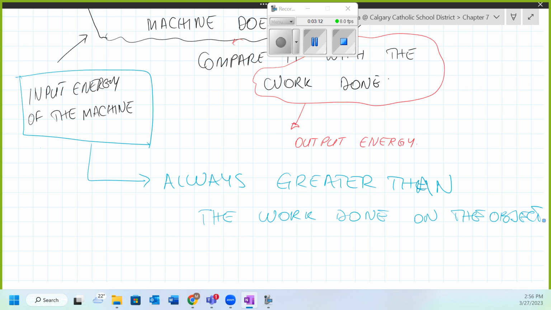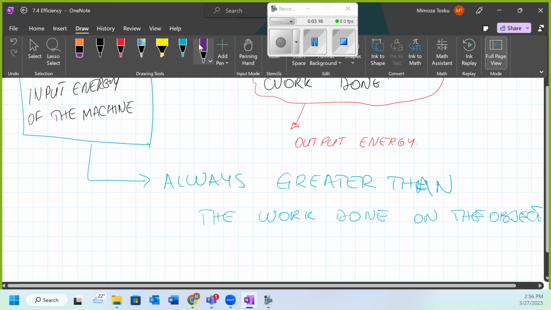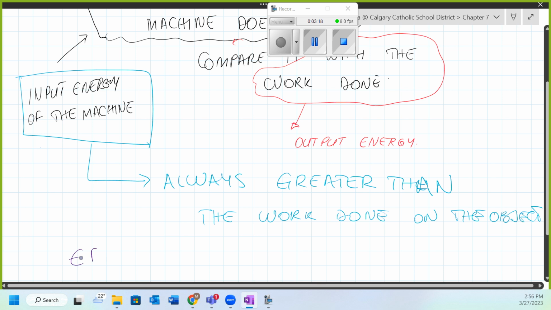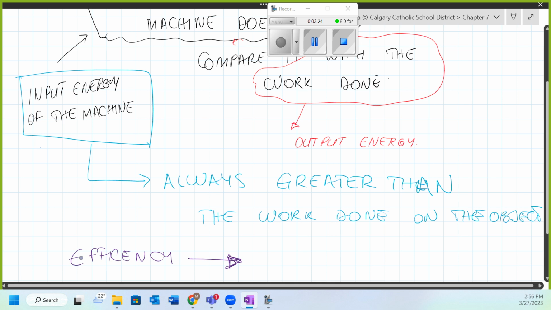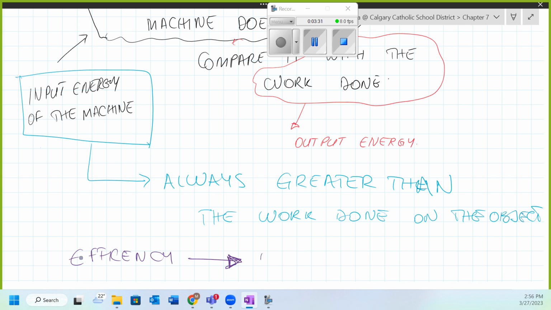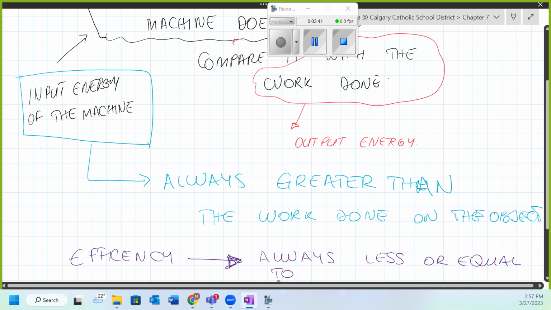So in other words, the efficiency is practically never 100%, but it is always less than or equal to 100%.